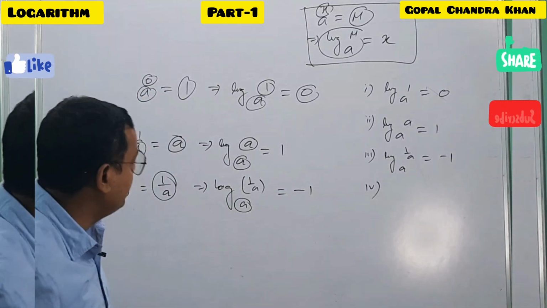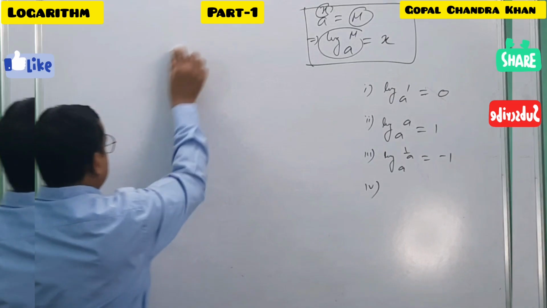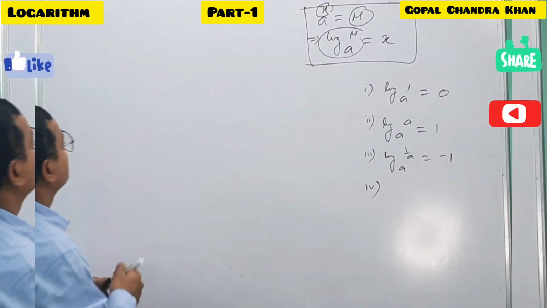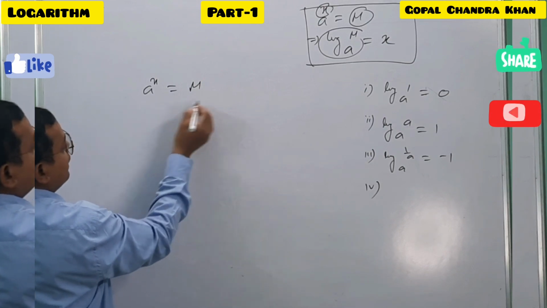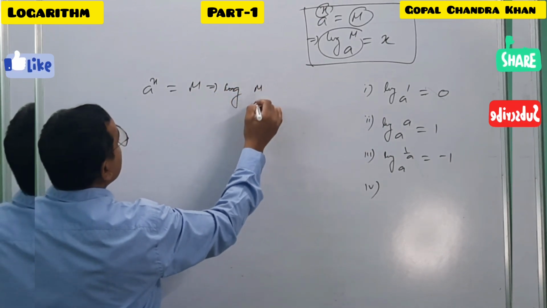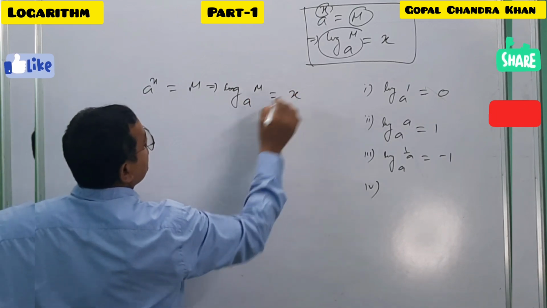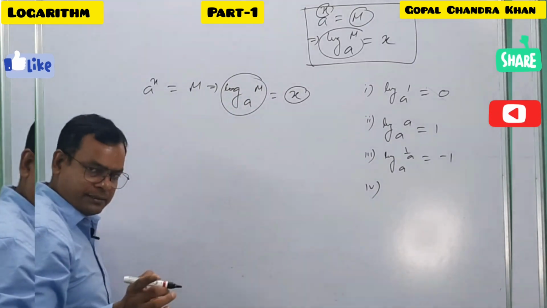So here you got a to the power x equals to m, right? Now from here you are getting by the formula log m base a equals to x. Now this x value is this, am I correct?